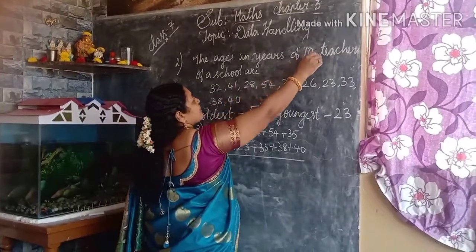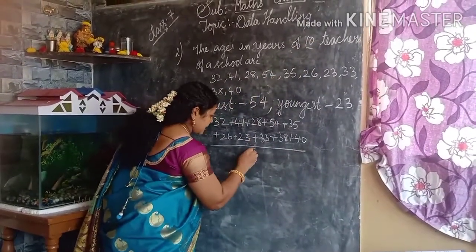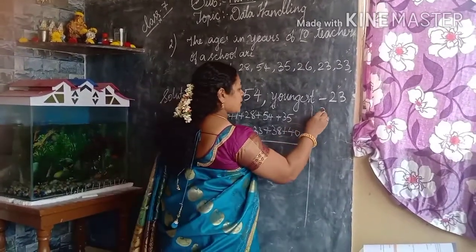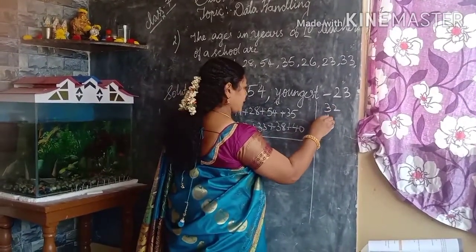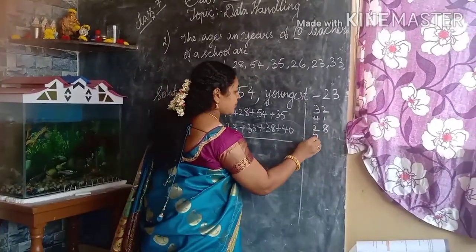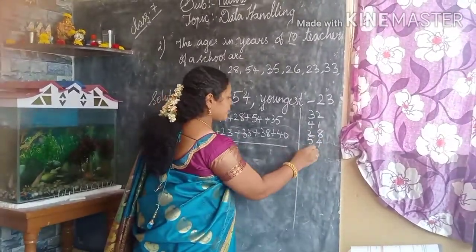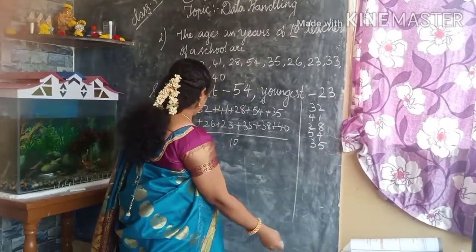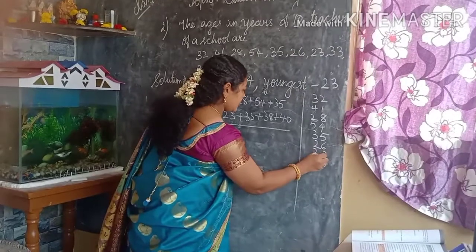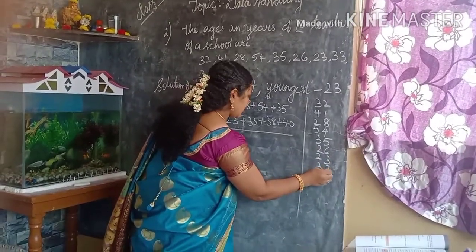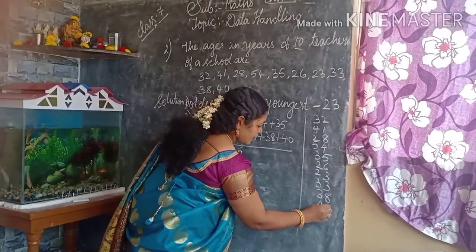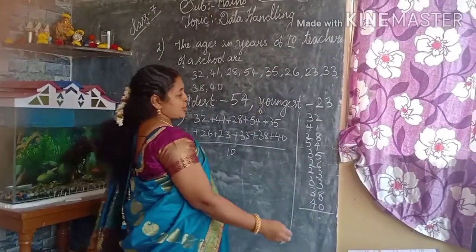The number itself is given here. It is 10. So now let us add here: 32, 41, 28, 54, 35, 26, 23, 33, 38 and 40. Add, children.